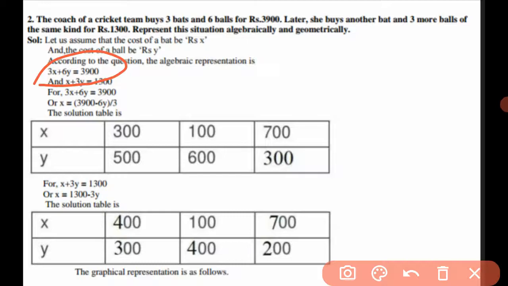So the first equation is 3x plus 6y equals 3,900. By solving this, the equation becomes x plus 3y equals 1,300.